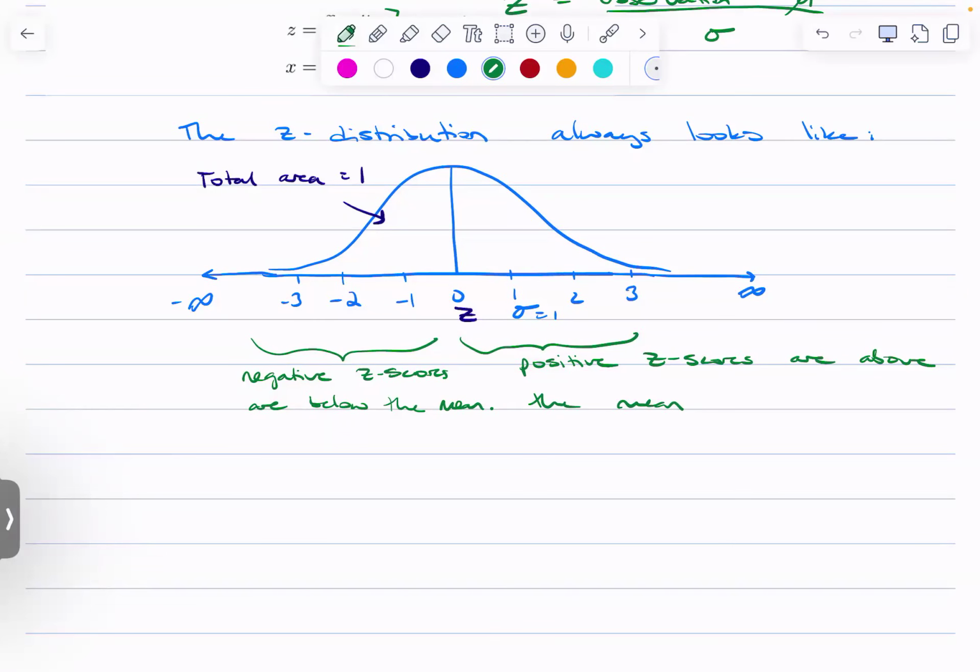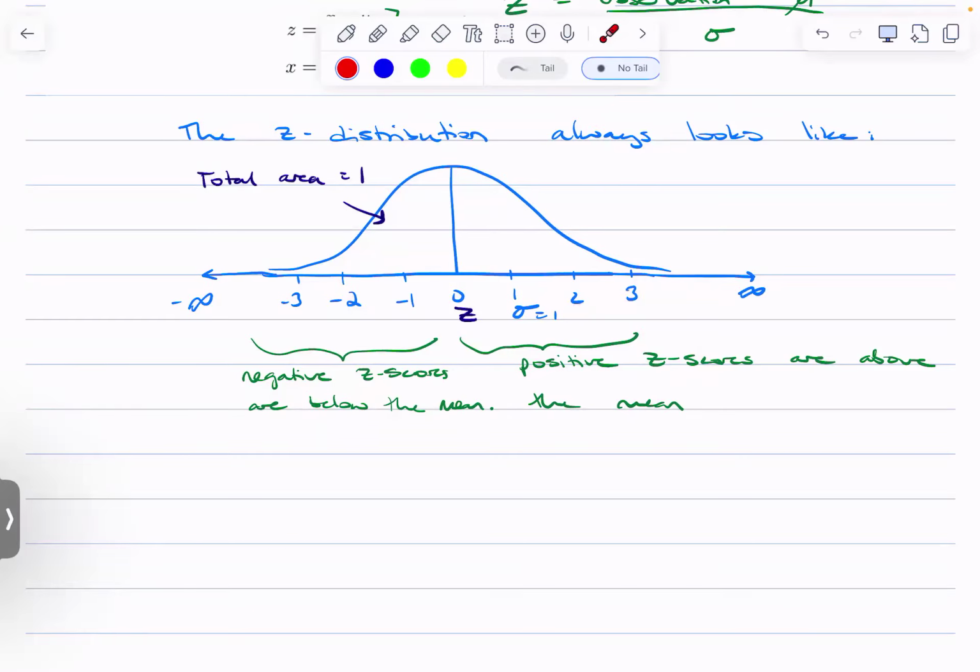What else about these Z scores? So we've got positive Z scores, which tell me something. It tells me that I'm above the mean. In fact, a positive Z score of 2 tells me that I'm 2 standard deviations above the mean.